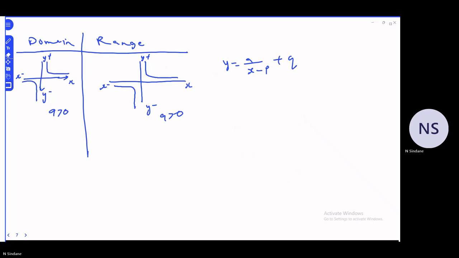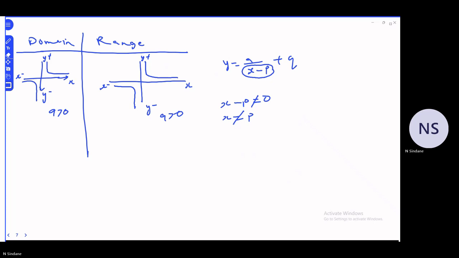The part that my graph never touches, we call it an asymptote, not a domain. So in this case, my graph can never be equal to 0. I'm going to say x minus p cannot be 0. Take this to the other side, x equals p. So x cannot be p. If x is equal to p, that gives me math error.